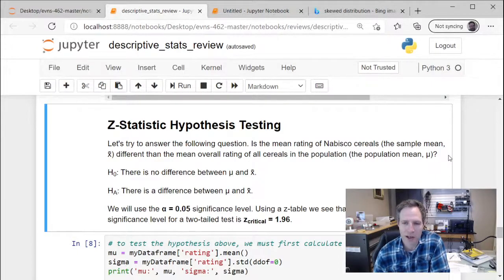Both tails of the normal distribution matter in this case. Now, if this was restated so that the alternative was that Nabisco cereals are better than all the rest of the cereals, then there's a direction, and that's a one-tailed case. So we're going to use a two-tailed case.